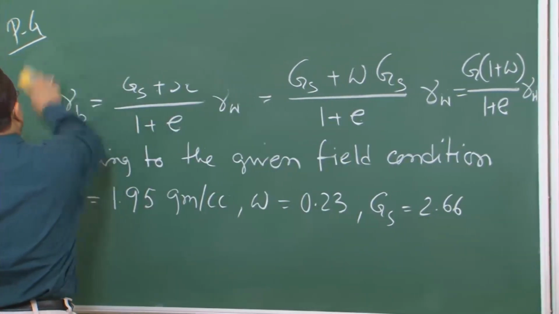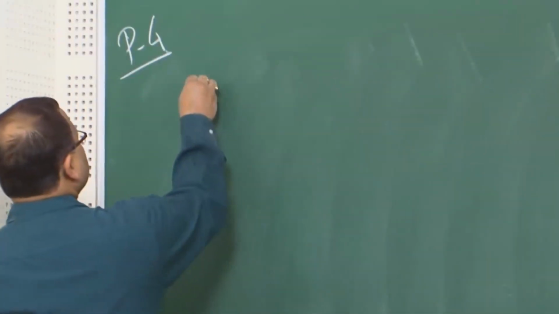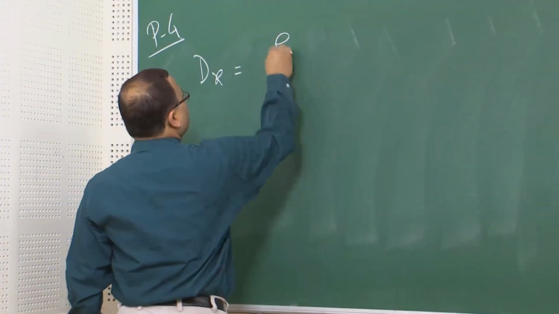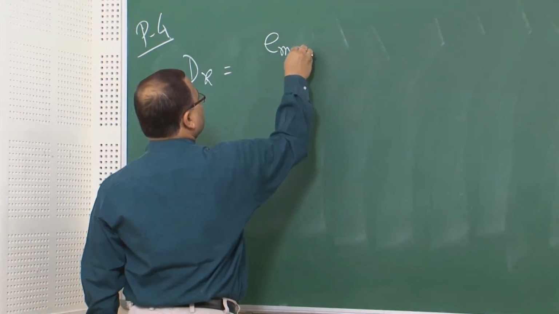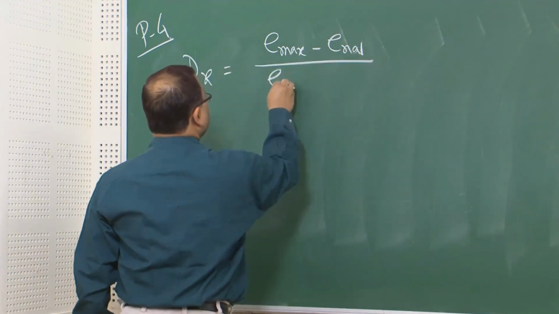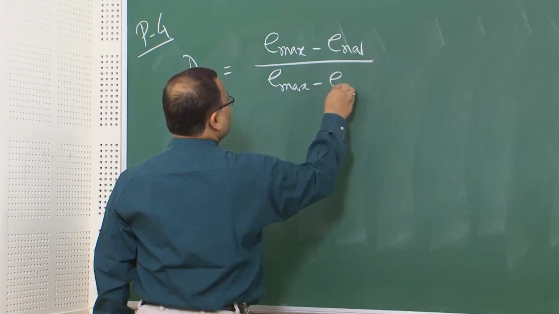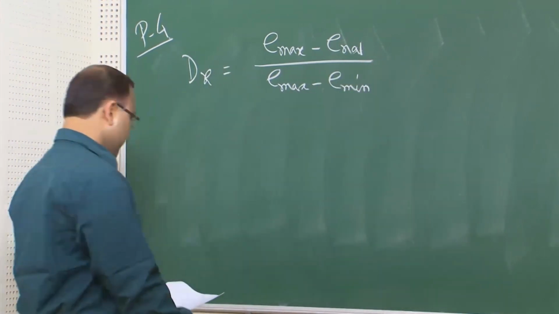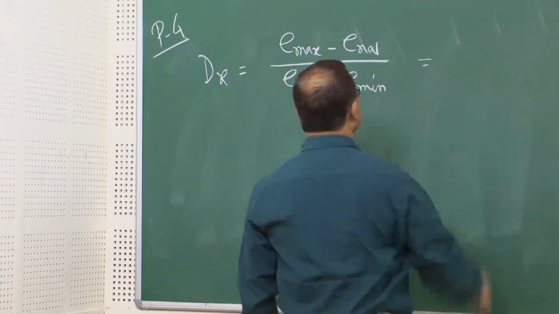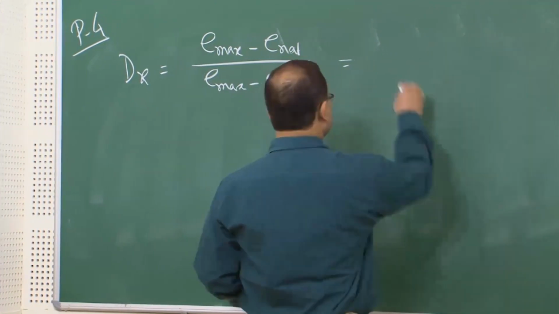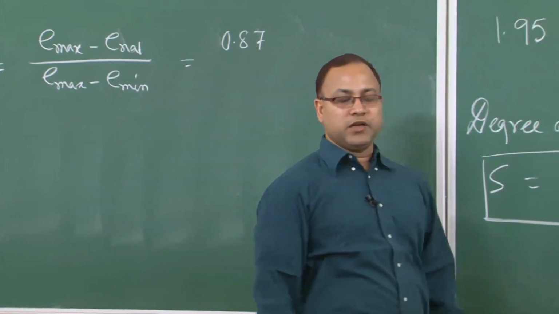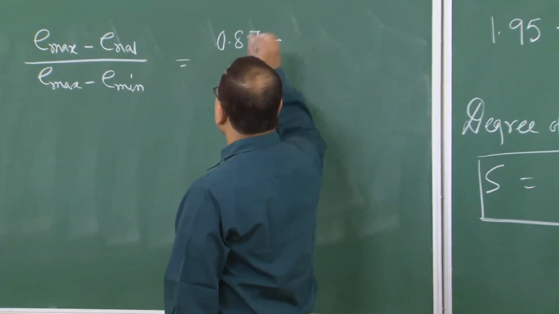Now, let us find out the relative density. The relative density is given by Dr is equal to (e max minus e natural) divided by (e max minus e min). This is the expression we have seen in the lecture. What is the magnitude of e max? That is given in the problem, the loosest state void ratio, 0.87, minus e natural.